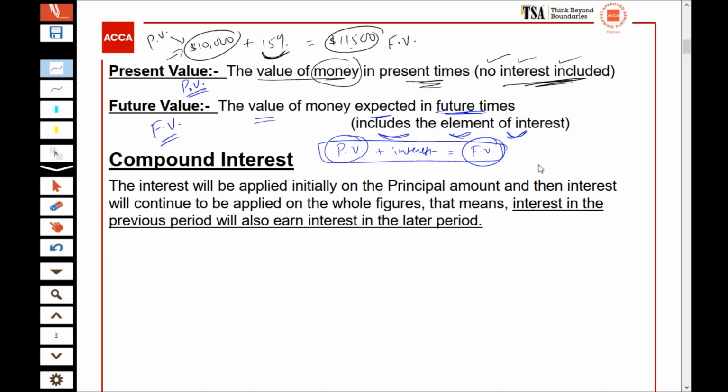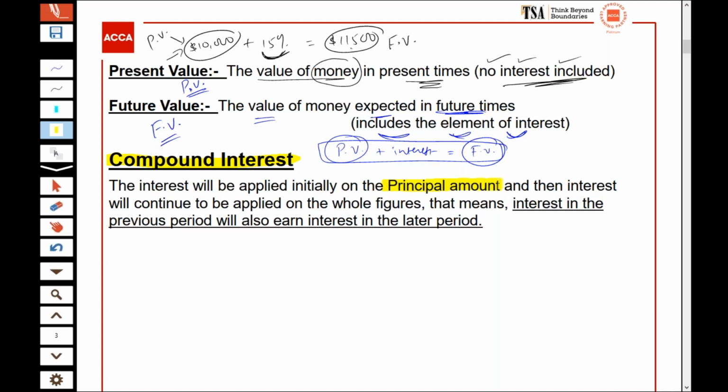Now, the next point is about compound interest. What is compound interest? See, compound interest means the interest will be applied initially on the principal amount.